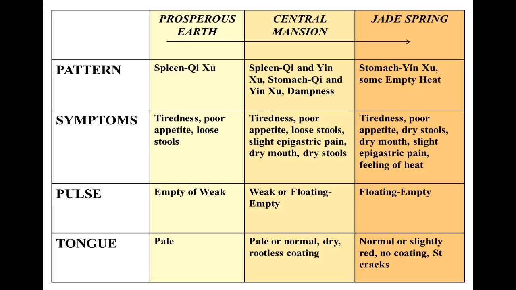So the tongue related to Prosperous Earth is pale but with a coating. The tongue related to Central Mansion is partially without coating or a rootless coating. And the tongue related to Jade Spring is completely without coating.